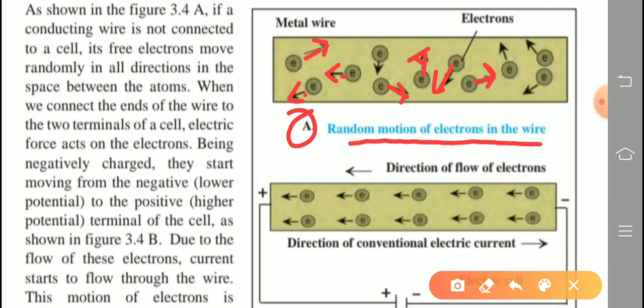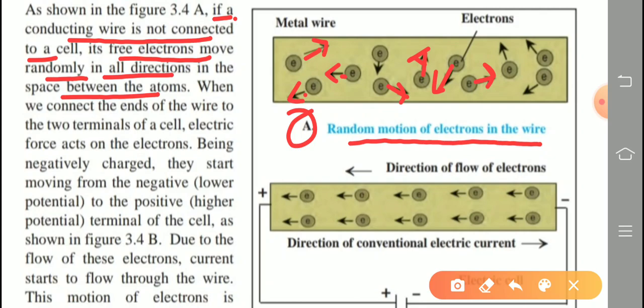In the same way, this wire, this conductor, is not connected to the electric source, so all electrons are moving in different directions. If the conducting wire is not connected to a cell, its free electrons are moving randomly in all directions in the space between the atoms. First point.